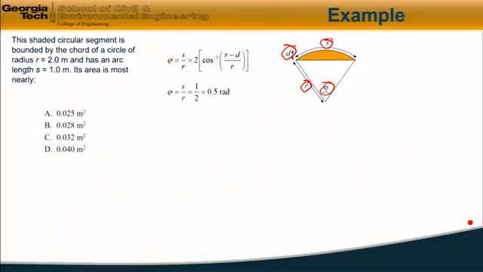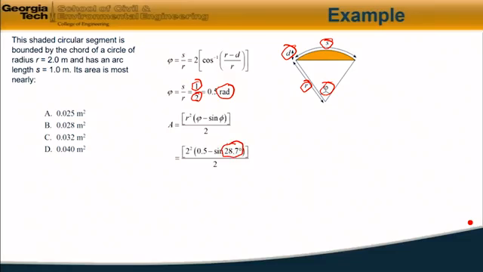So in this case we have phi is s over r, s is given as 1 meter, r is 2 meters, so the angle phi is 0.5. And remember, of course, that when we calculate it like this, the units of the angle are in radians. The equation for the area is r squared times (phi minus sine phi) over 2, which in this case is equal to 2 squared times (0.5 minus sine phi), and I've converted phi here to degrees.